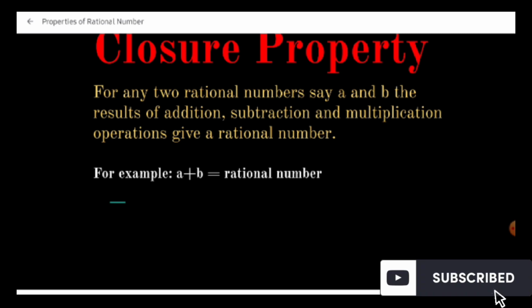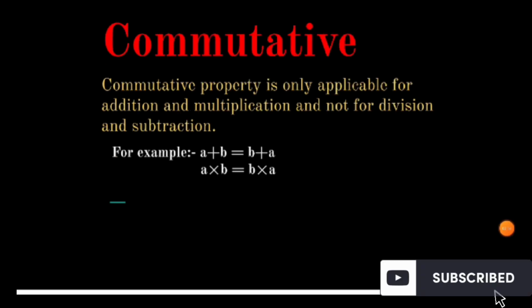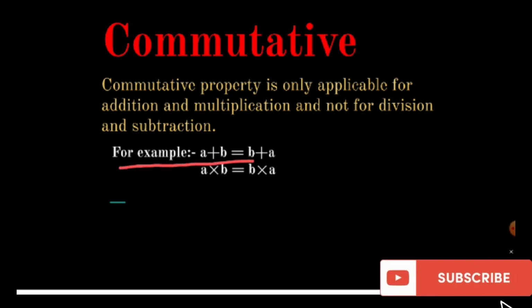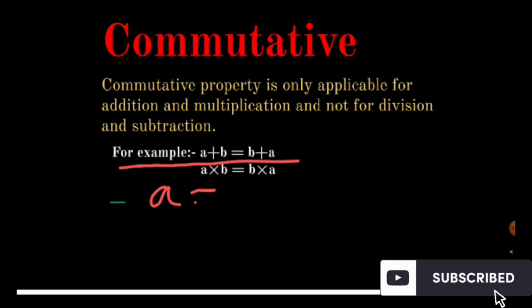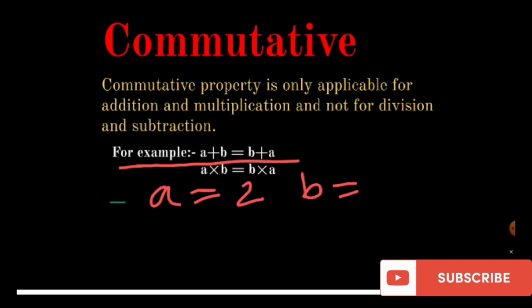Let's move forward to the commutative property. The commutative property is only applicable for addition and multiplication and not for division and subtraction. For example, a plus b is equal to b plus a. Let's understand it with numbers. Suppose a is 2 and b is 10.